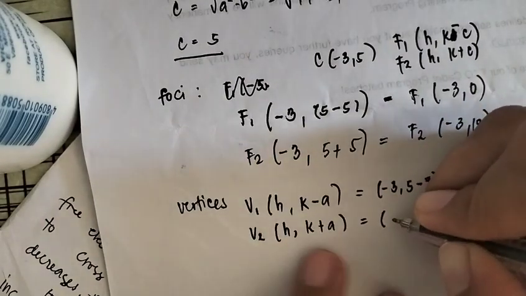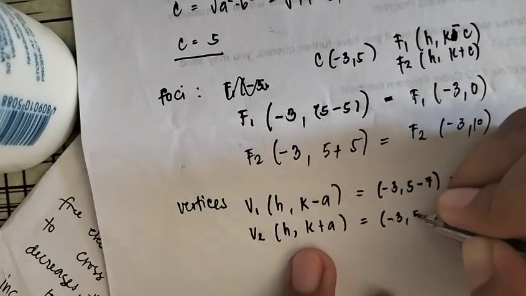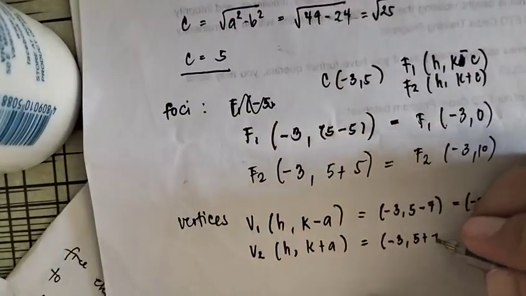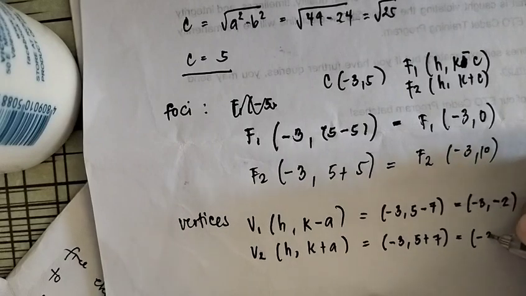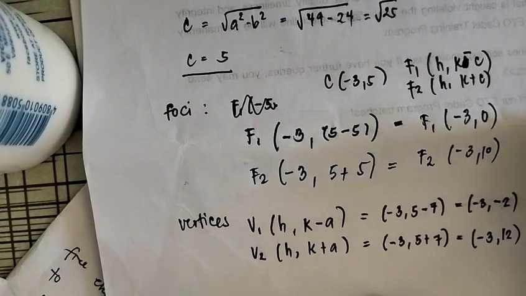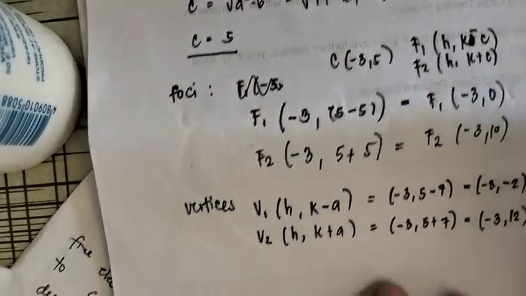Next, negative 3 and 5 plus 7, which is 12. So V1 and V2 are done.